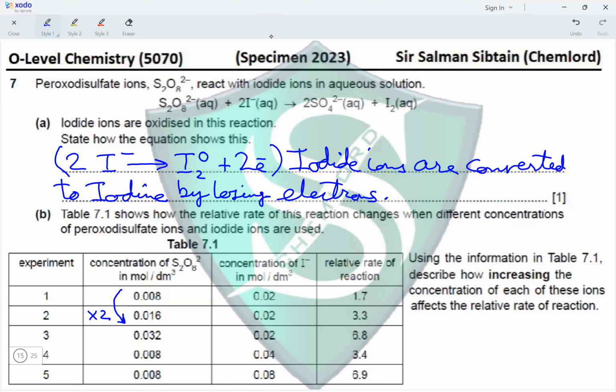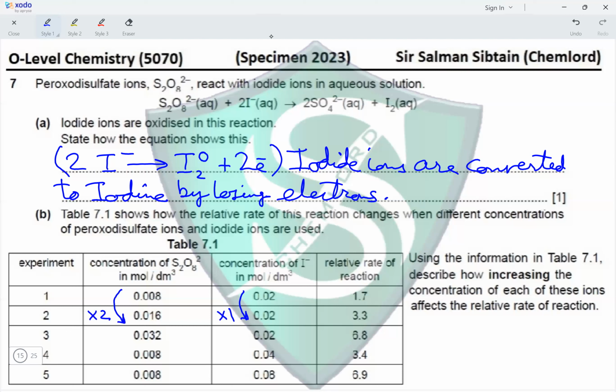Because if we divide 0.016 by 0.008, we obtain a value of 2. But in these two experiments, the concentration of iodide ion remains as 0.02. So there is no change in the concentration of iodide ions, meaning whatever effect on the rate there will be, it will be because of the doubling of the S2O8 2- ion concentration.